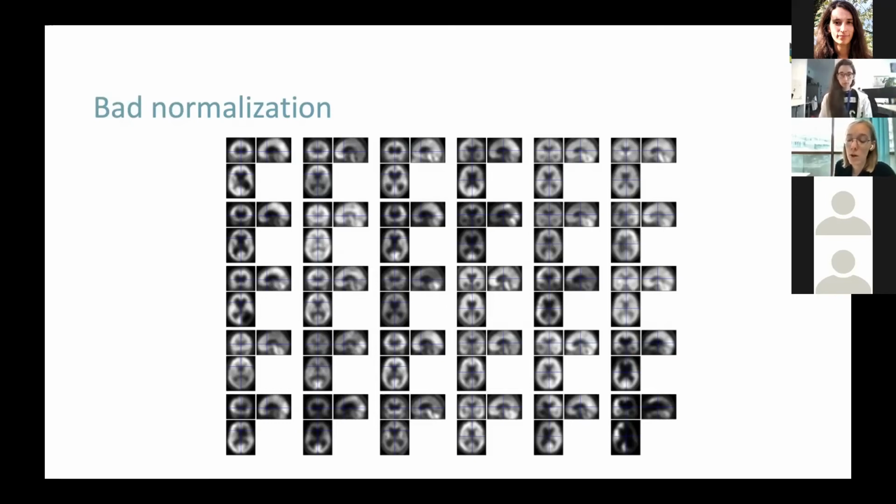There are a lot of lesions and damages in the brains of most patients with disorders of consciousness. So it's pretty common to have a normalization that is not perfect, at least for a group analysis. So here I point towards 3 of them, but you should carefully consider every single patient before including them in your group analysis.